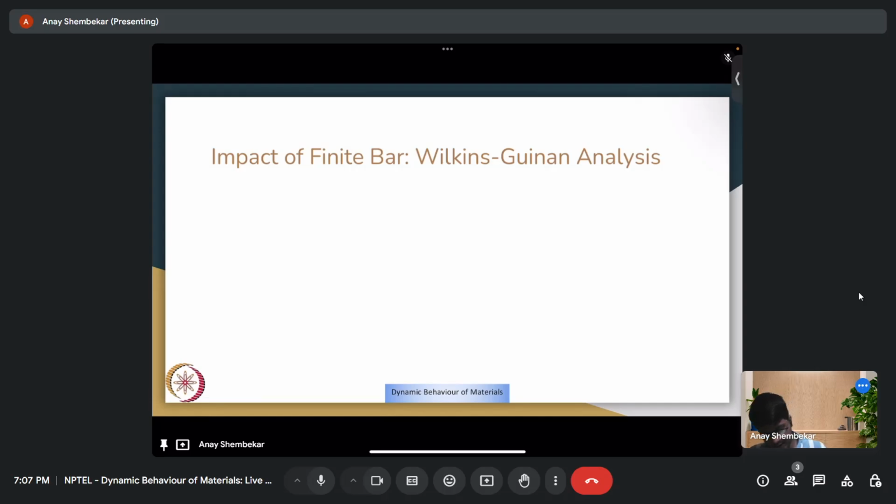So we have already seen in the previous lecture about Taylor's test. Suppose this is my finite bar, with some initial velocity u, and it hits a rigid boundary. Then what happens is the bar ends up getting deformed, with some plastic deformation near the rigid boundary.